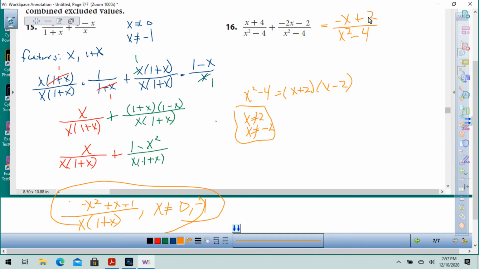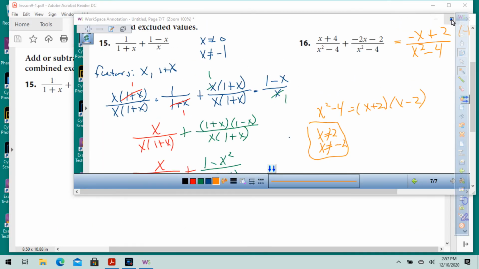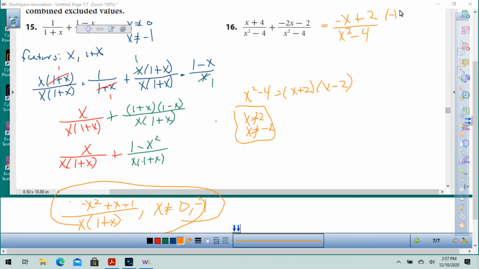But if you notice, negative x plus 2, if you multiply that by negative 1, oh, I didn't mean to do that. Multiply that by negative 1, that's going to equal, well, let's see here, x minus 2 over (x plus 2) times (x minus 2).